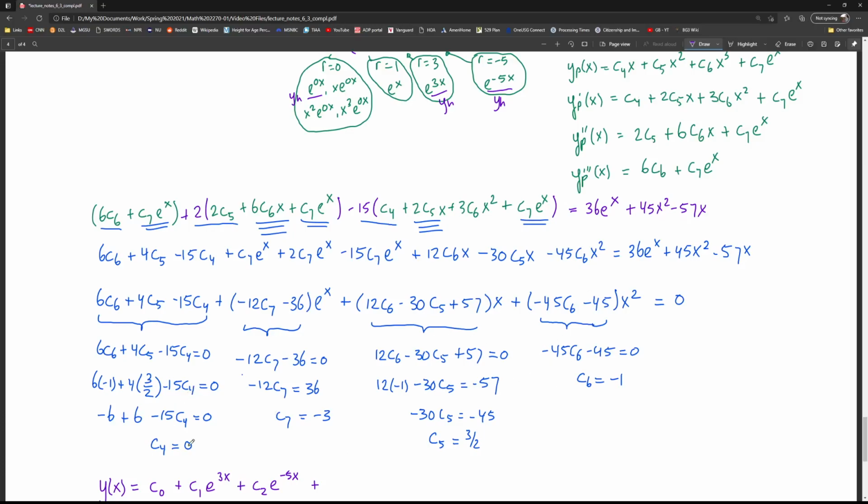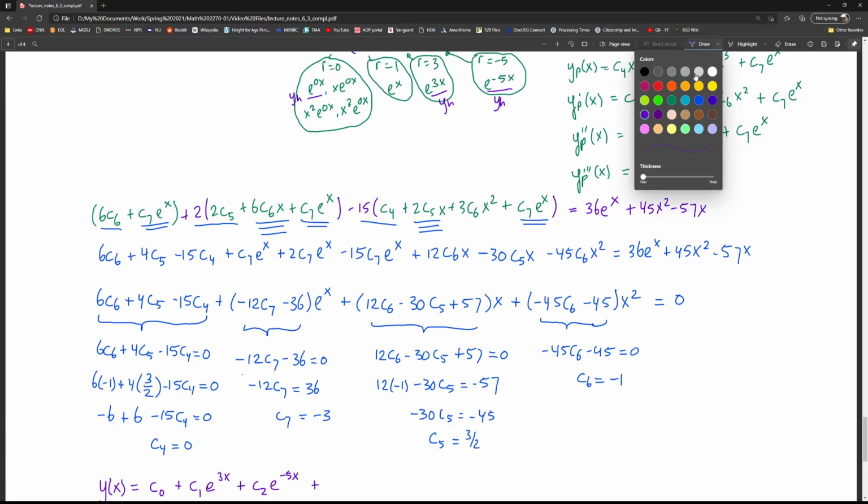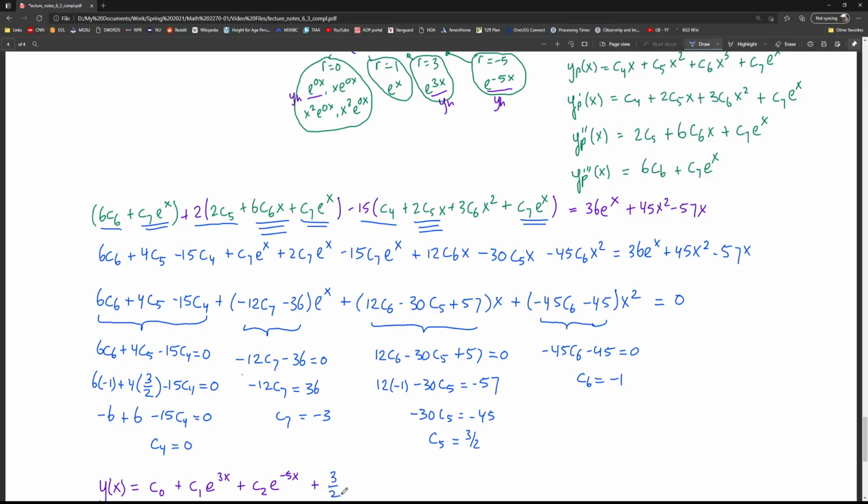c4 times x. c4 is 0, so that part disappears. And then I have c5 x squared. So c5 was 3 over 2 times x squared.